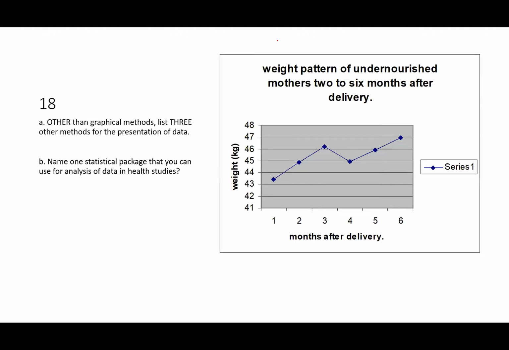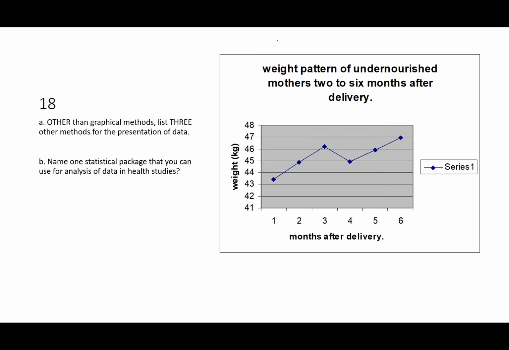Okay, now number 18. Let's see what this is all about. What pattern? Okay, other than graphical method, list 3 other methods for the presentation of this data. Weights and months after delivery. This is the weight pattern of undernourished mothers 2 to 6 months after delivery.